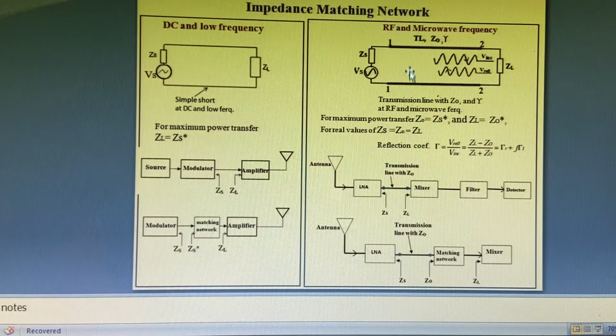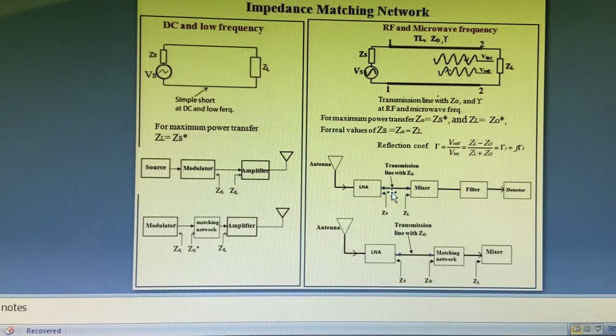Again, in the RF and microwave frequency regime, Zl and Zs are the input impedance and output impedance of some network. In a communication system as shown in this figure, it is a cascade connection of many networks, like an antenna connected to the low noise amplifier, LNA, connected to a mixer, filter, and detectors.